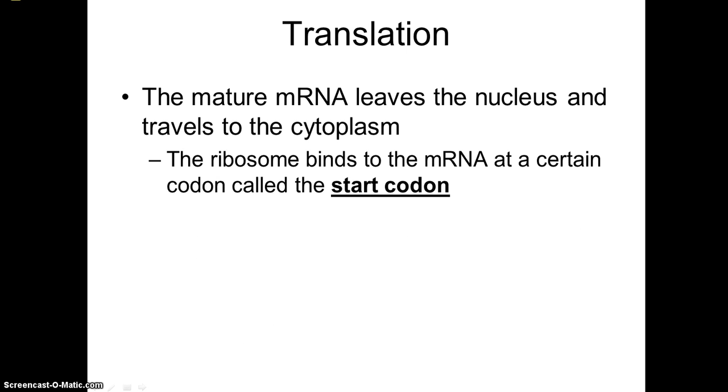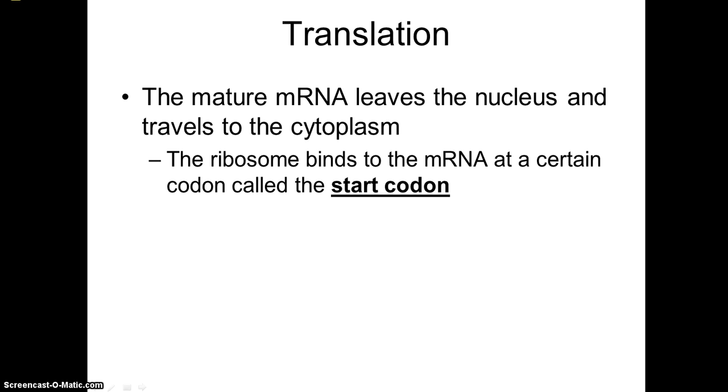Okay, so back to translation. The mature mRNA leaves the nucleus, has all those post-transcriptional modifications done to it, where the introns get cut out, the exons get spliced together. It's now the mature mRNA, which leaves the nucleus through a nuclear pore and comes out into the cytoplasm. The ribosome needs to know where to start on the mRNA.